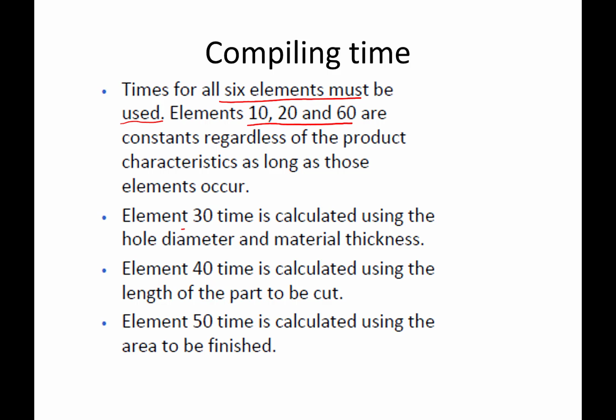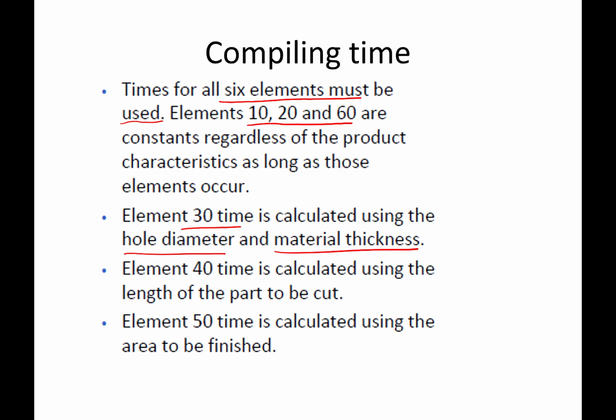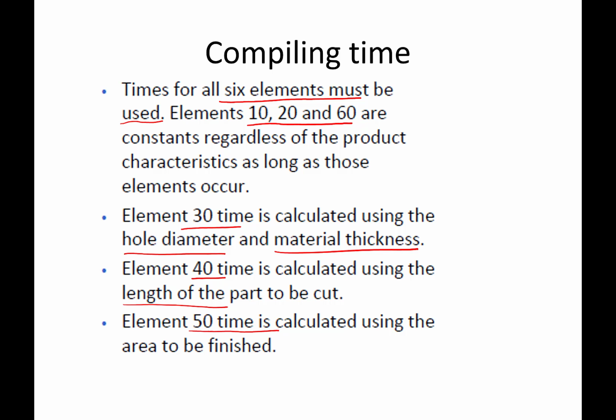The time for element 30 is calculated using the hole diameter and the material thickness to be used, and the element 40 is calculated using the length of the job or the part to be cut, and the element time for element 50 is calculated using the area to be finished. Okay, so this is how the time for all the elements is compiled, and we get the total time to do a particular job.